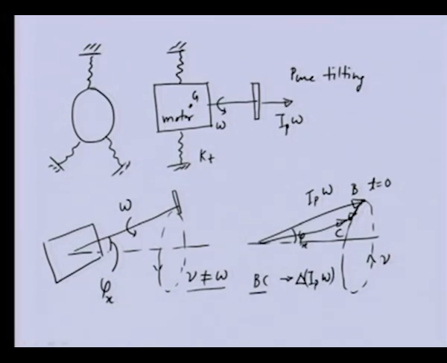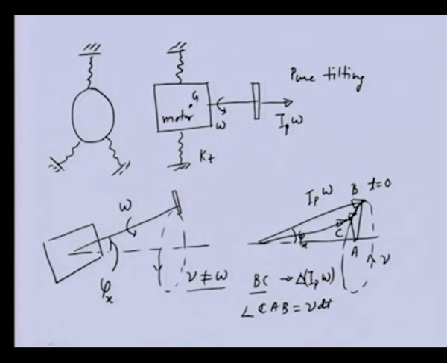Now, this particular angle, which is connecting the center of rotation of the disc on the bearing axis, let us say point A. This angle, that is CAB, will be nothing but nu into delta t.